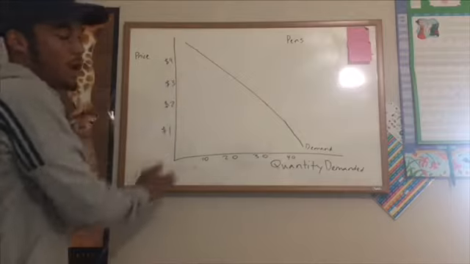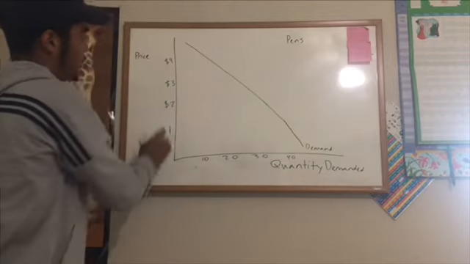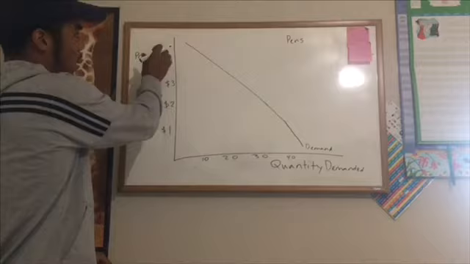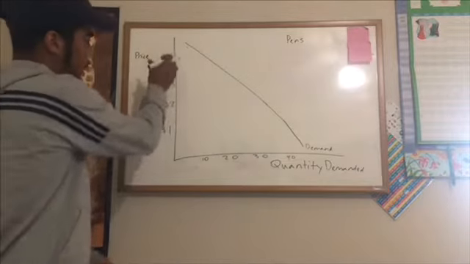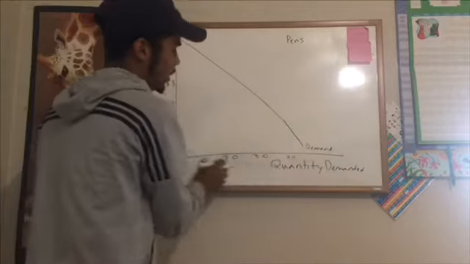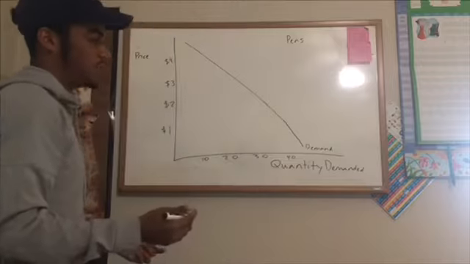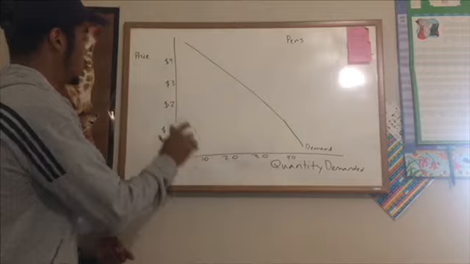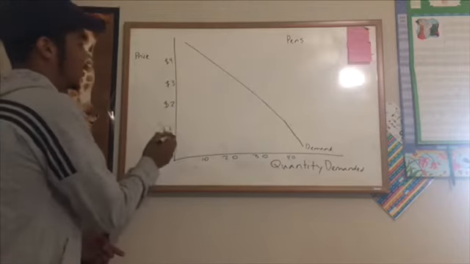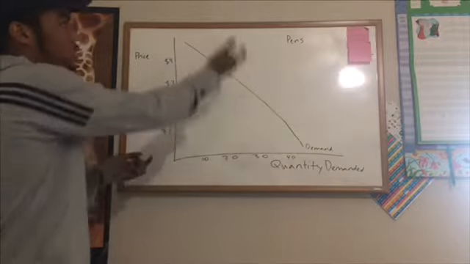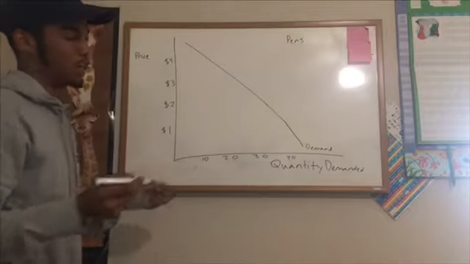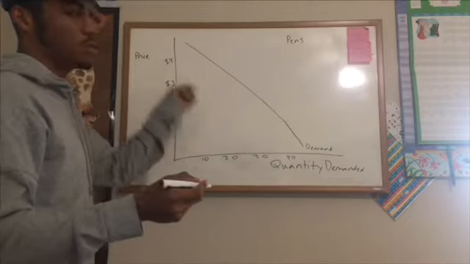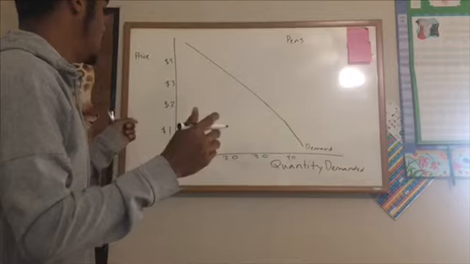On your y-axis, you're going to have price. This is going to show you how much your product is selling for, and then your quantity demanded is showing you how many units the consumers are going to buy. So the way you use it is, let's say you're trying to sell pens for $2, and you're trying to see how many the consumers are willing to buy at $2.